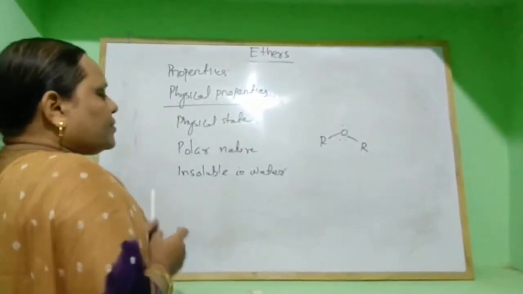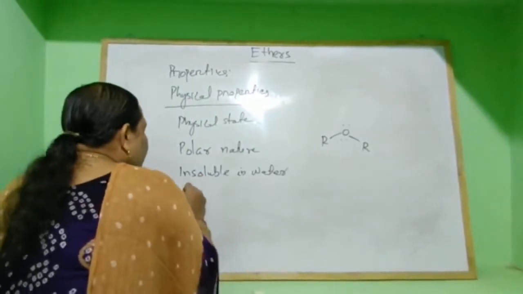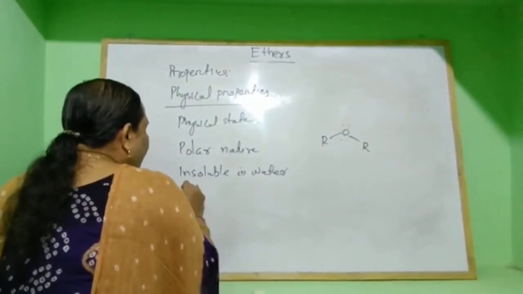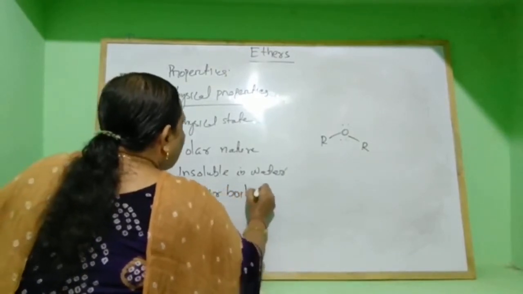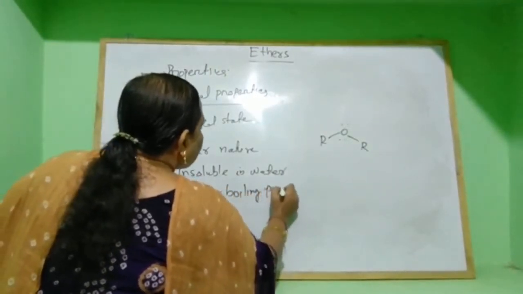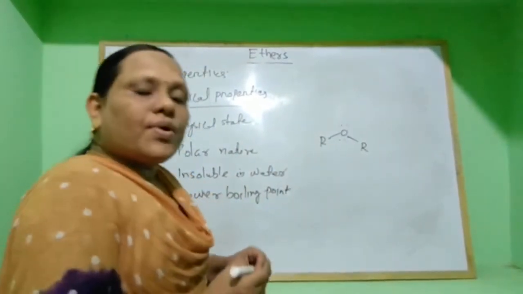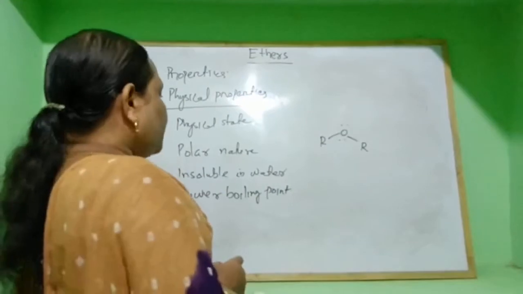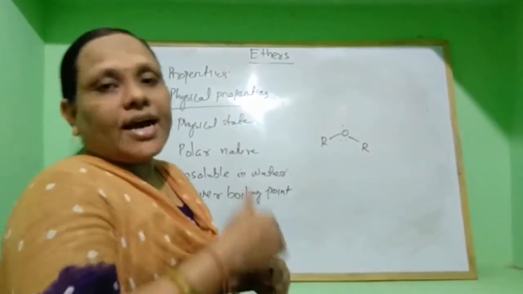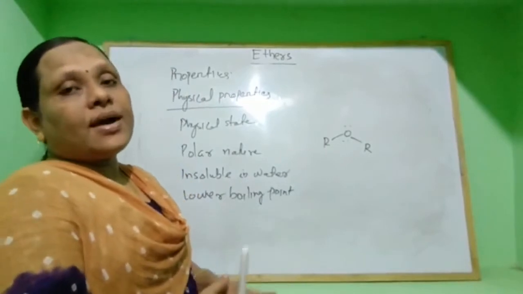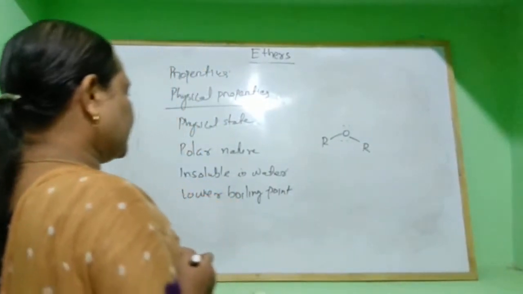Next, due to this lack of hydrogen bonding, they also possess lower boiling point. They have a low boiling point as compared to corresponding alcohols, aldehydes, ketones and carboxylic acids.